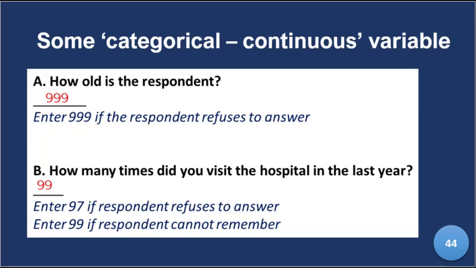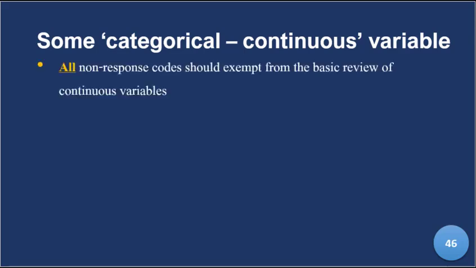It's quite challenging to think that someone will visit the hospital 99 times in a year. But it's more realistic if it was 99, someone is 99 years old, or someone is 9. So it's very important that we note a few things. Number one, all response codes should be exempt from the basic review of continuous variables. Now you see why it affects the average or the mean.